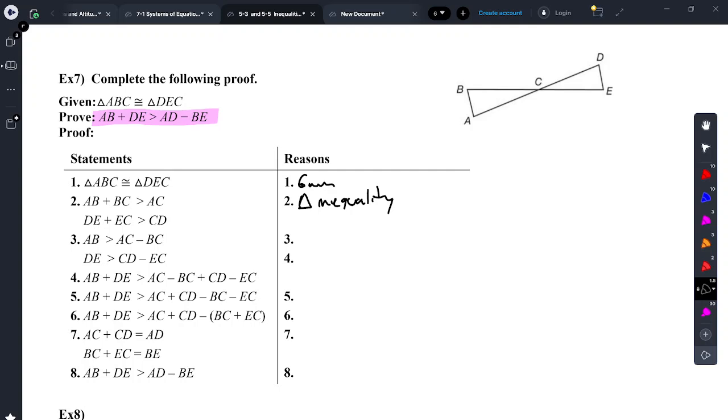All right, now what am I doing there? What am I doing here? Subtraction. All right, now what? This one's not so obvious. What just happened here? Okay, so we're looking for parts that we know, right? We know that AB plus DE is greater than AB plus DE. This is the one I don't see so obvious.